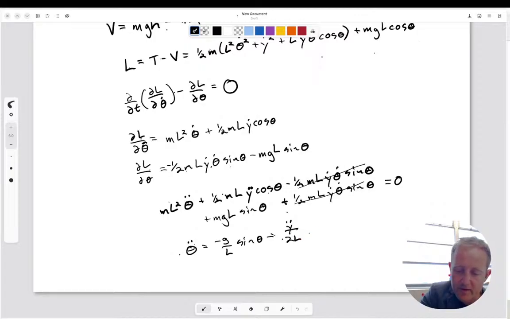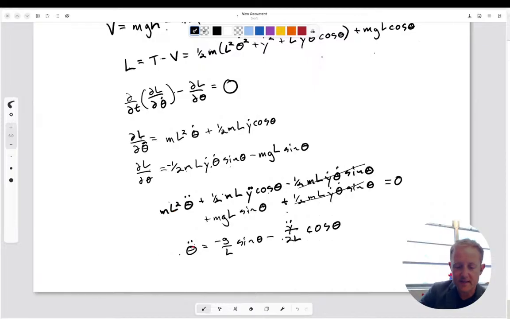Pretty sure there's a 2L in there. Times that cosine θ, like this. And did I do all that right? Trying to get that m L squared over there. I think we're good, yeah.